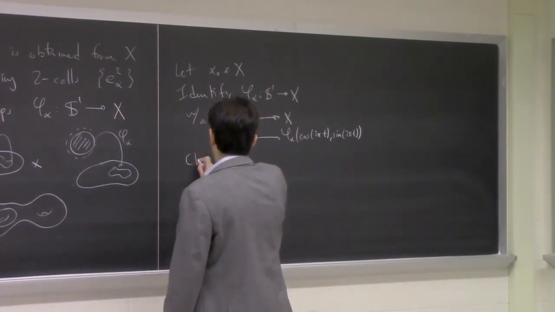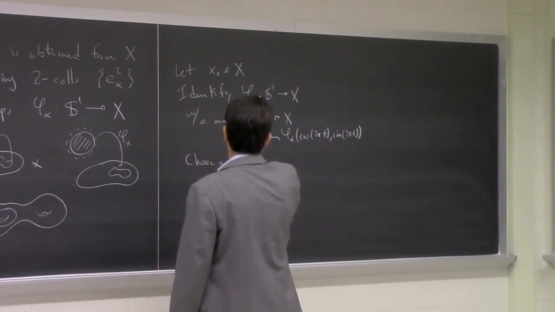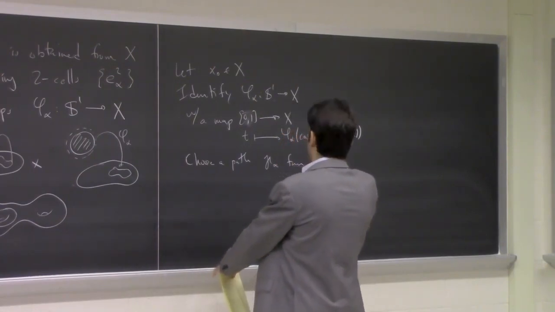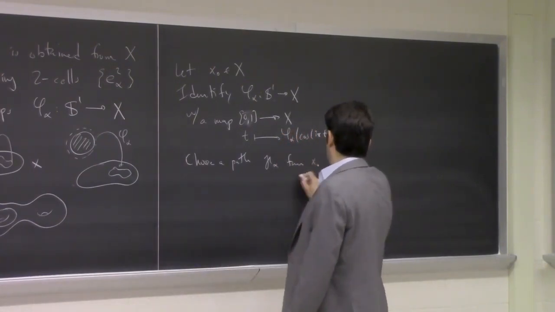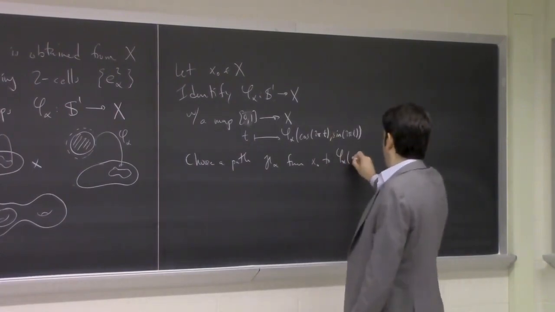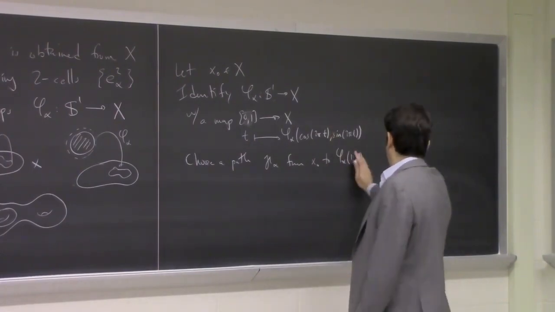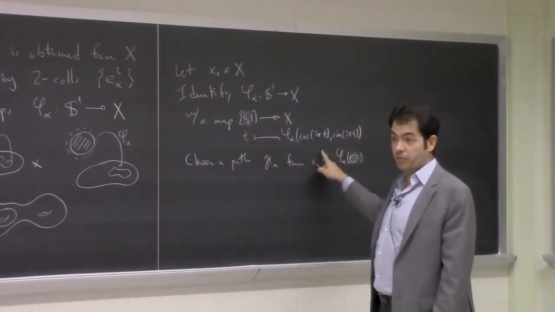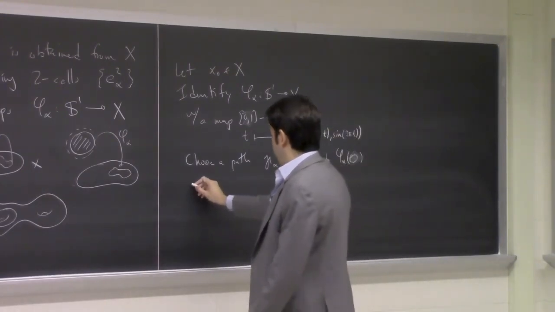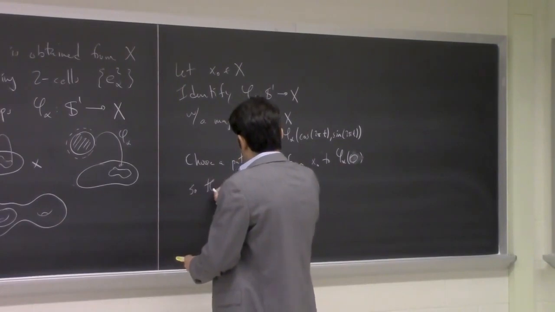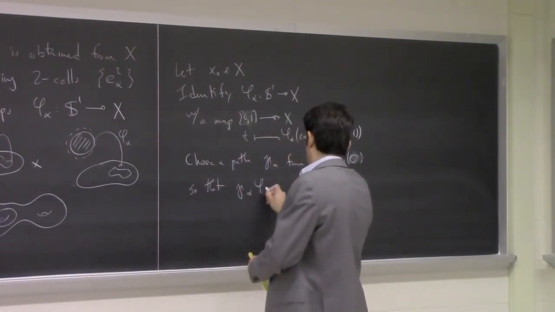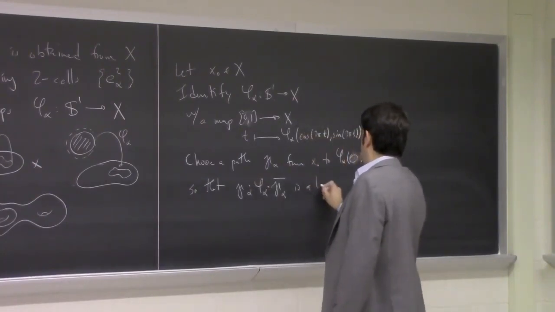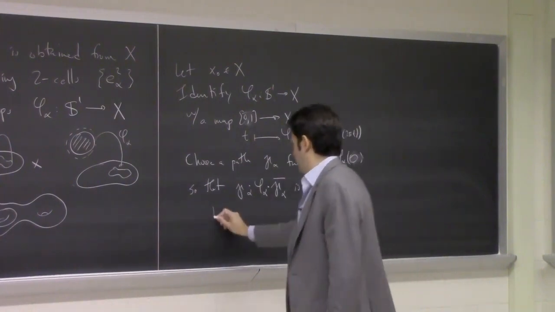Then choose a path, call it gamma alpha, from our base point to the image of 0 after you've reparameterized this way. And then you get a loop by concatenating like this. This is a loop in X based at x naught.